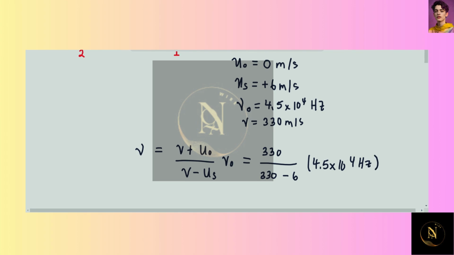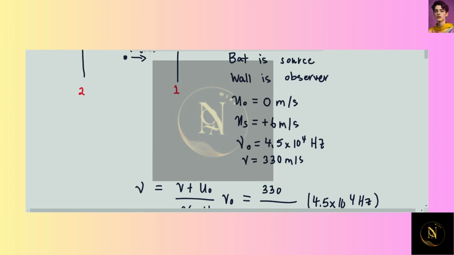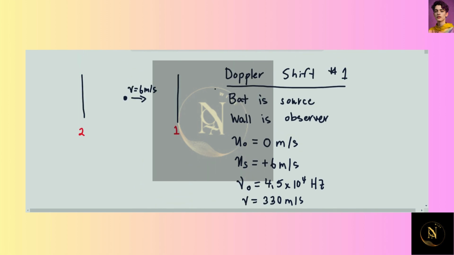So we've got 330 divided by 324 and multiplying that by the emitted frequency. It's about 4.6 using sig figs, 4.6 times 10 to the power of 4 hertz. That is the frequency that the wall is actually receiving here.